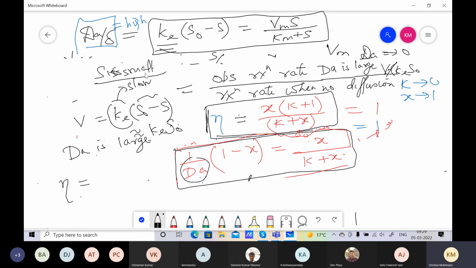So I've just written down here that dA is equal to Vmax Ke S naught.